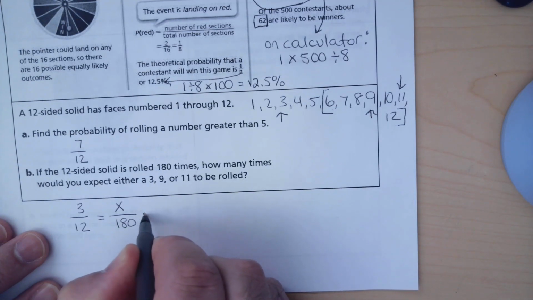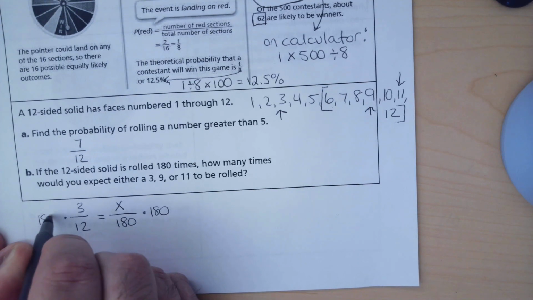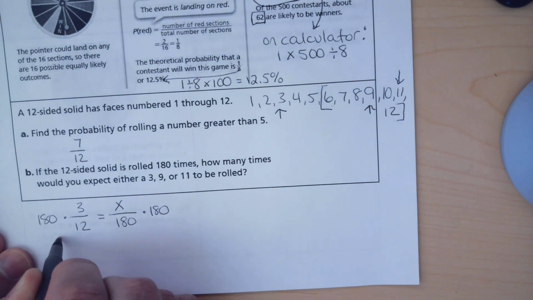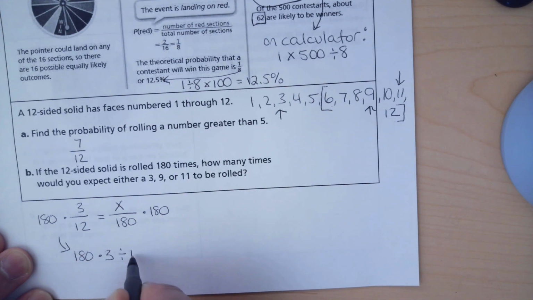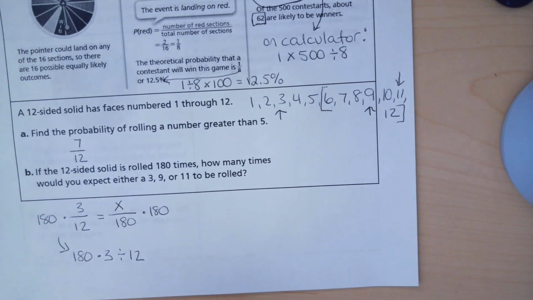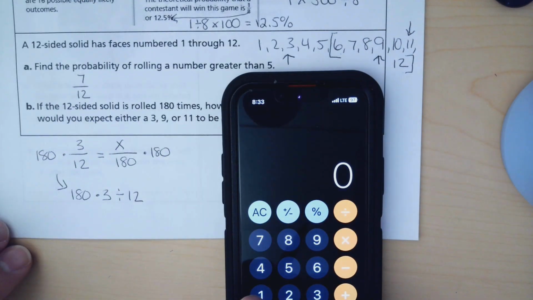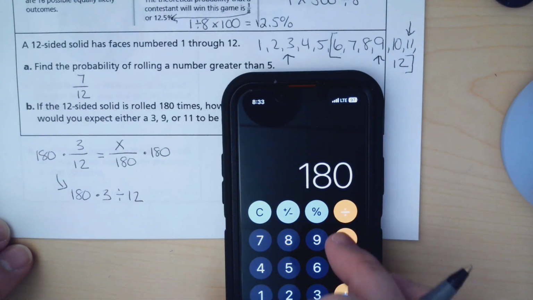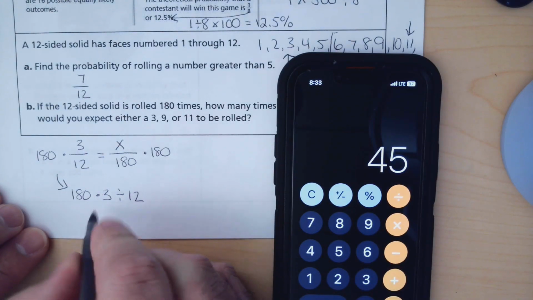And then we multiply by 180. So on your calculator, you're going to type 180 times 3 divided by 12 to get 45.